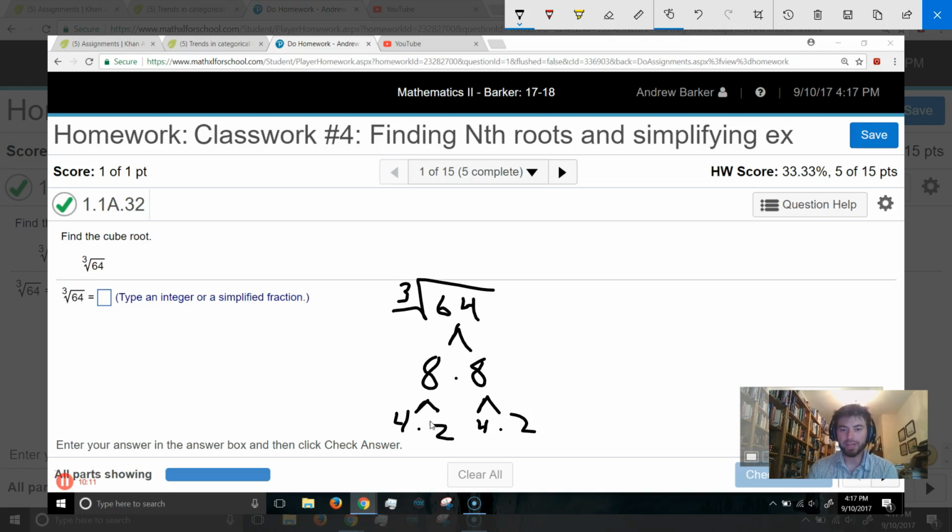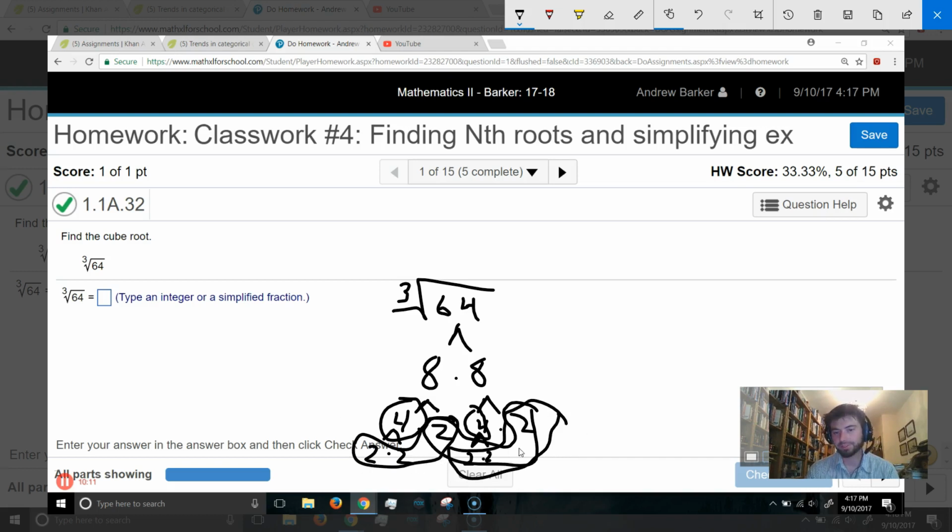So now I need groups of 3. Well, there's actually groups of 3 here. If you look, there's a 4 here, a 4 here, and then these 2's can combine to make another 4. So there are groups of 3 here. I could split these 4's out into 2's if one were inclined to do so. And then you could say, oh, I got groups of 3 2's right here, and a group of 3 2's right here. So either way, we're going to get the same answer. So I'm going to pull out the 2's.